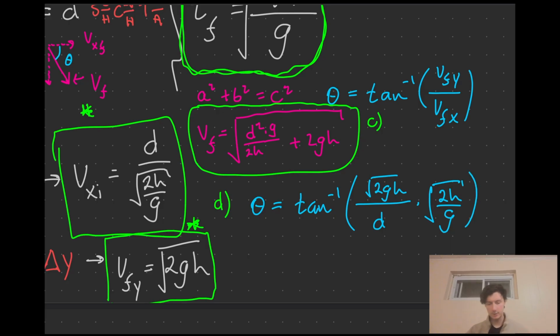And you can simplify some stuff here as well. Like what I see is here there's a square root of h, so square root of h times square root of h is just h. You can pull that out. Here we have square root of g, so you can cancel those as well. So at the top you just have 2h, I think, over d. So I think you can simplify that there. Maybe you can simplify some stuff here, I'm not sure. But this is the final answer. I'm going to circle this as well in green.